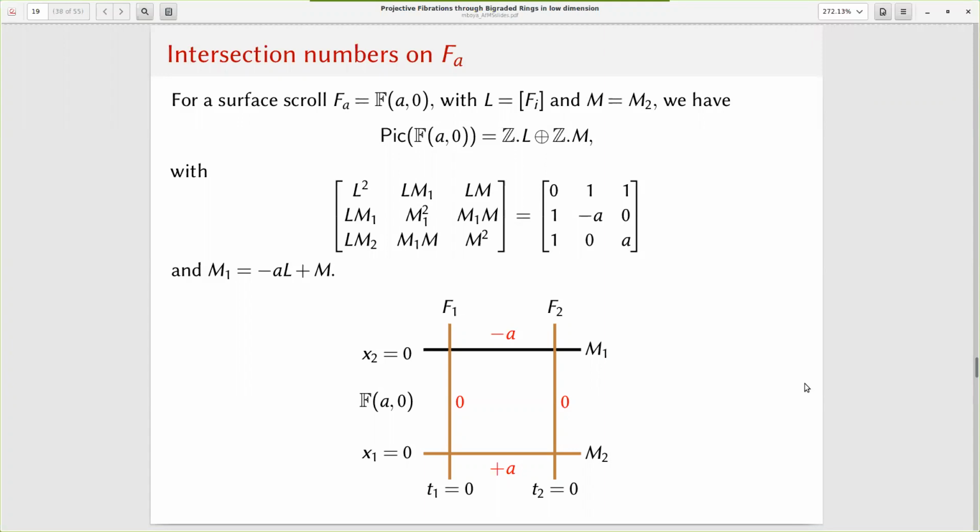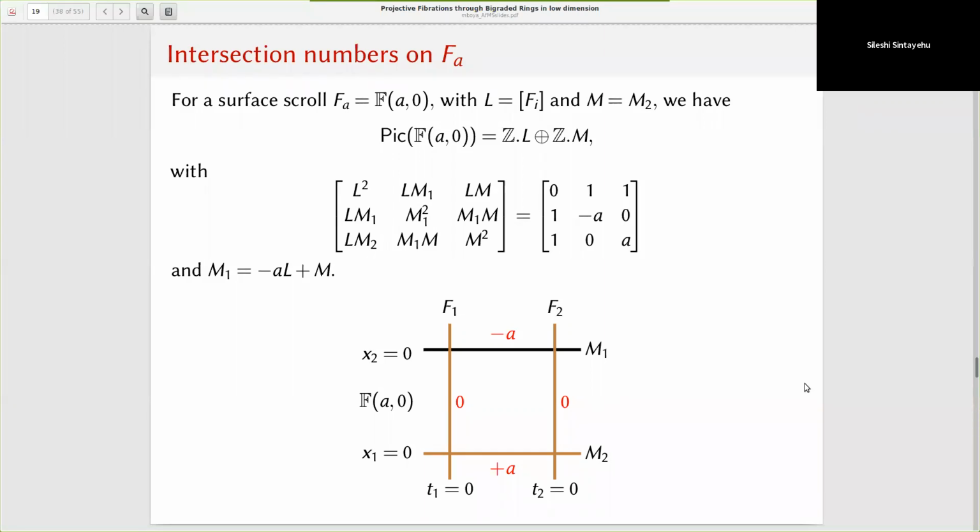The other non-trivial intersection is given by seeing that all the F_i intersect the M_j at exactly 1 point. Someone needs to show that M_1 squared and M_2 squared have intersections -a and a respectively. This is easy. You just take M_1, which is -aL + M, and take its intersection with itself, and you will get these results.